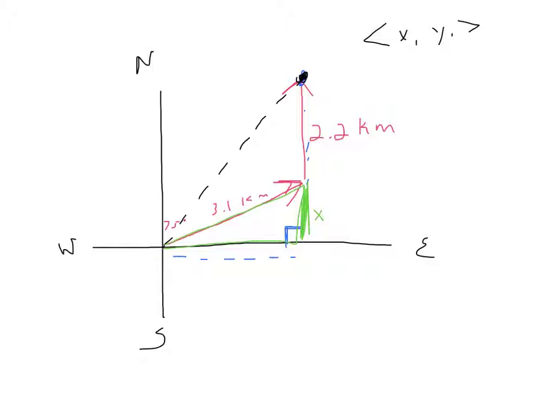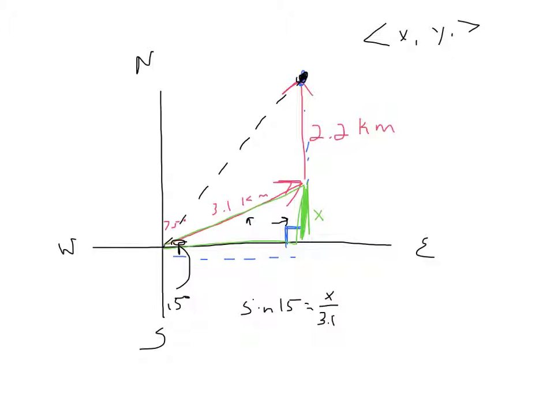Well, remember when we talked about it, we knew the measure of this angle right here is 15 degrees. So how could I figure out x if I know that this angle is 15 degrees, I know the opposite side, and I knew the hypotenuse of the triangle? Well, I could use sine. Remember, the sine is going to be the opposite over the hypotenuse, so sine of 15 is equal to x over 3.1.